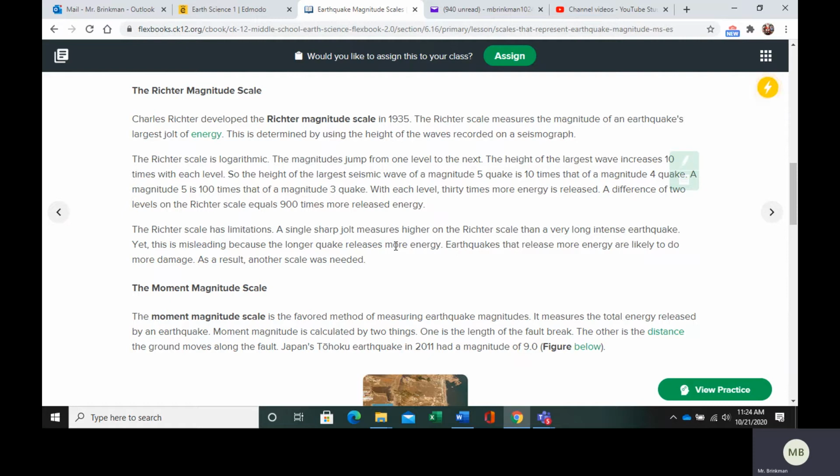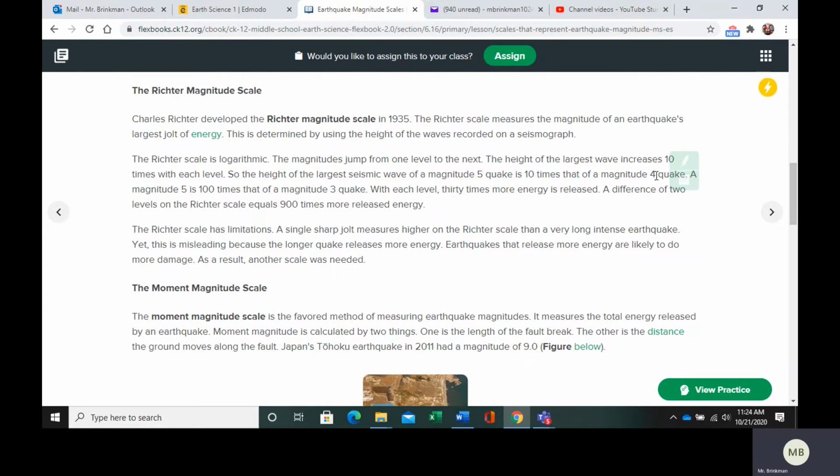All right. The Richter scale is a little bit difficult to interpret, but the height of the largest wave increases 10 times with each level. So the height of the largest seismic wave of a magnitude 5 quake is 10 times that of a magnitude 4.